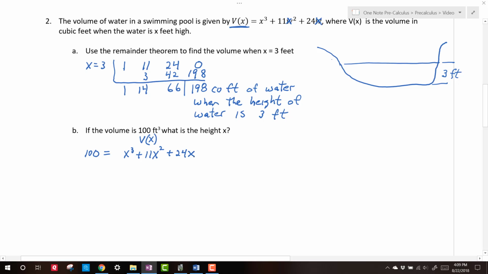And if this is what I'm going to start with, I need to solve this. Well, in order to solve a polynomial, I need to subtract 100 on both sides. So I'll start out by doing that, minus 100. And I've got 0 equals x cubed plus 11x squared plus 24x minus 100.